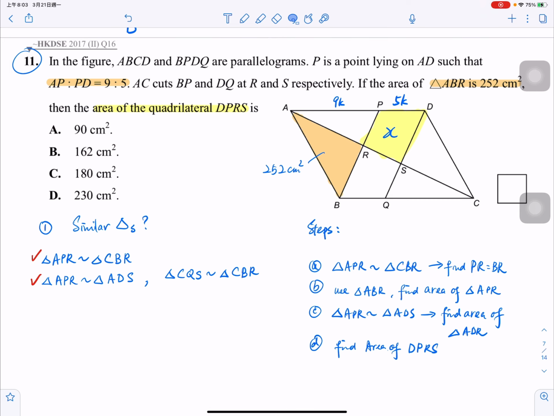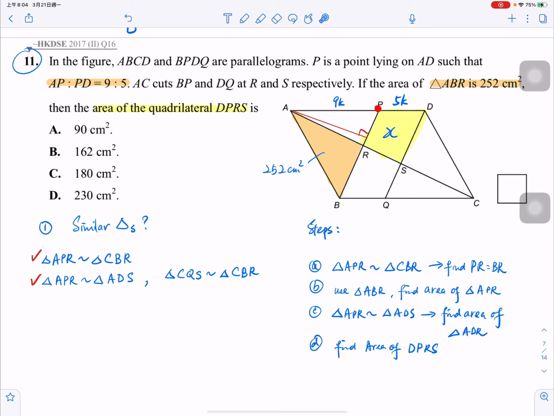Besides similar triangles, we need to use another kind of triangles. This one, ABP. Inside you have two small triangles, and remember, they have the same height. Because now we only have the area of ABR, this triangle, how do we link it up with X?